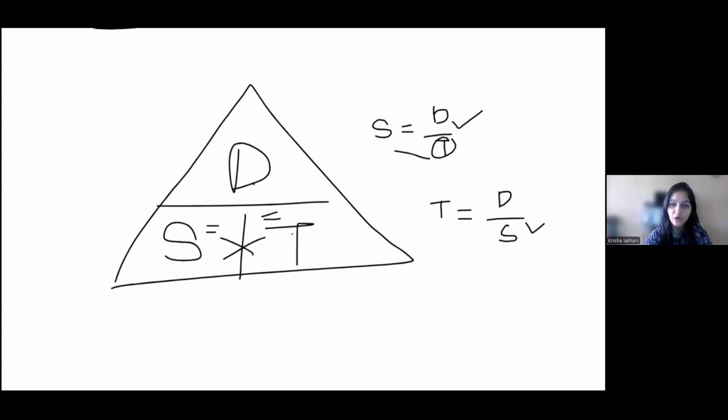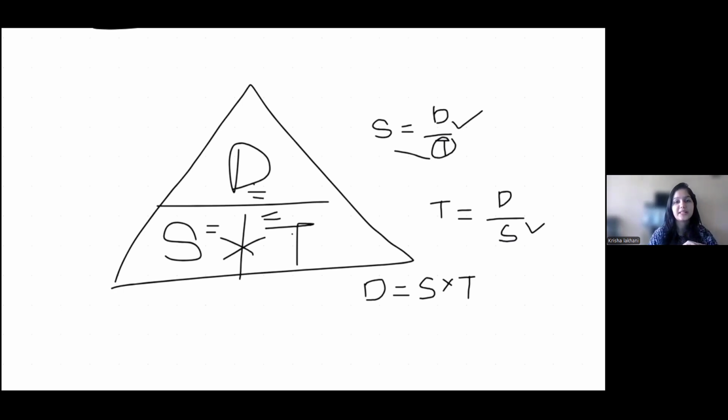Now you have to find D. If T goes there, it is division here. It will go there and it will become multiplication. So it will become S into T. Can you see the sign over here? What I've added is multiplication. So when you have to find D, it will be S into T. Is it clear?